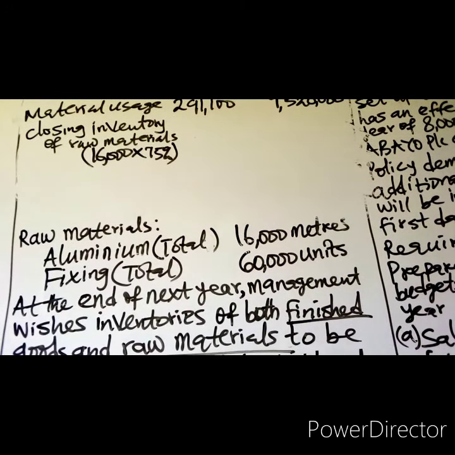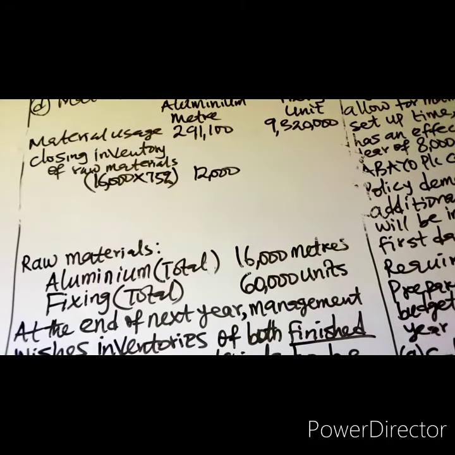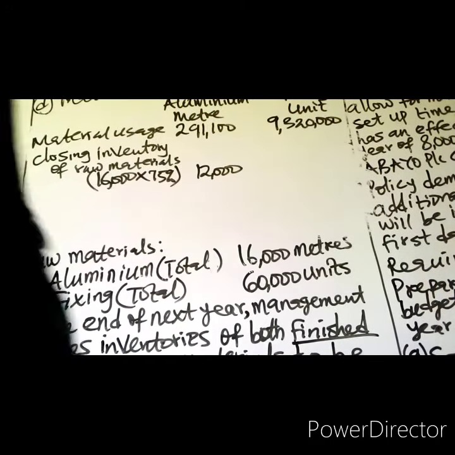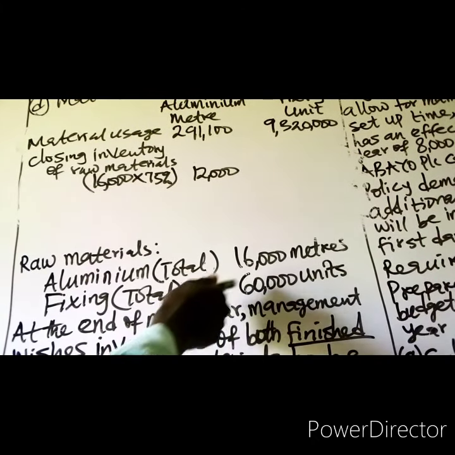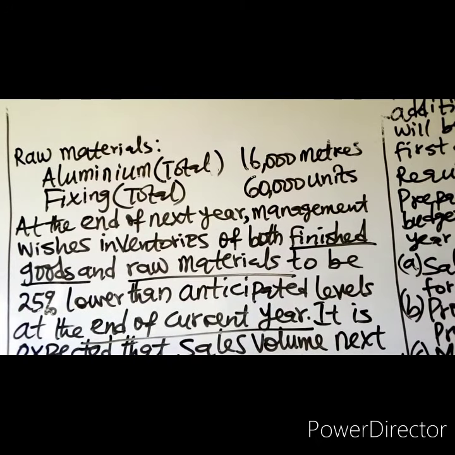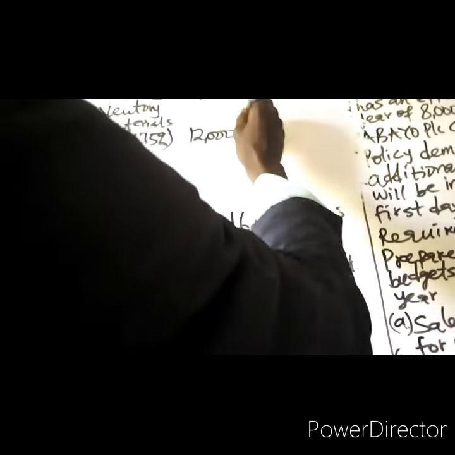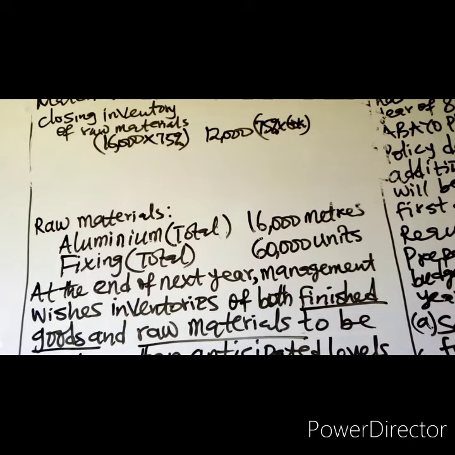If you calculate 75% of 16,000, the closing inventory will be 12,000 meters. That of fizzing, the opening inventory is 60,000, and if it is 25% lower you have 75% of 60,000, which is 45,000.